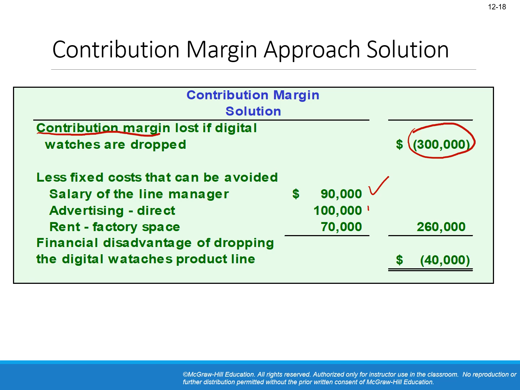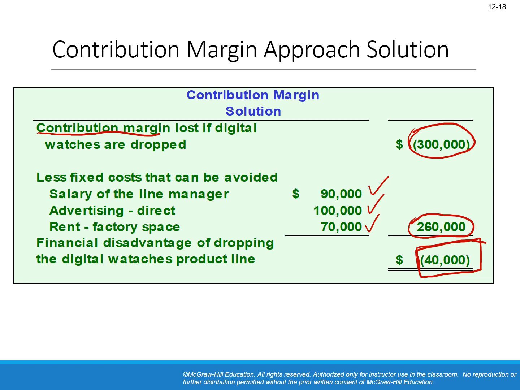The advertising will also be an addition to the net income of the company. And finally, the rent of the factory space will also be saved, and therefore it's an addition to the whole company. Therefore, in total, you will be saving $260,000, and you will be losing the contribution margin, which is $300,000. And thus in total, you will be missing out on $40,000 if you drop the line, and thus it's a bad decision.